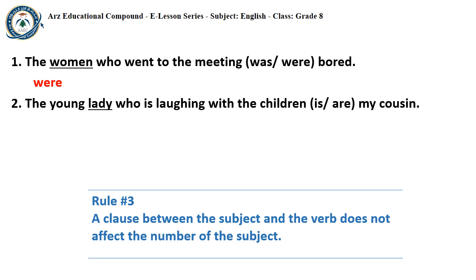The same thing applies here. The young lady who's laughing with the children is or are my cousin. Who is laughing with the children is a clause included in the complete subject, but it does not affect the number of the simple subject. Lady is the simple subject. It's a singular subject, so the verb should be is.